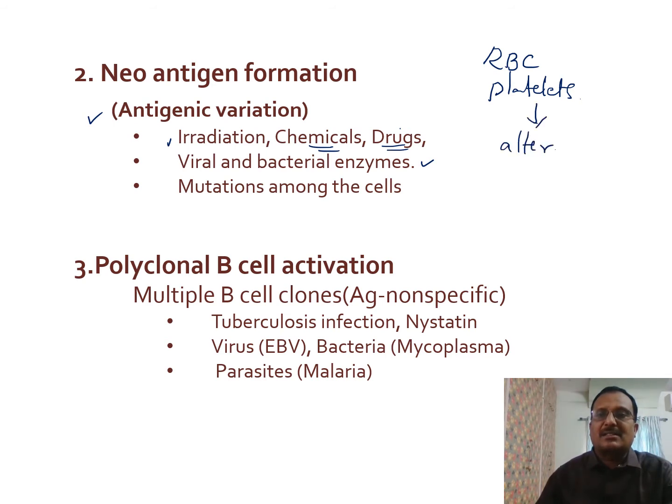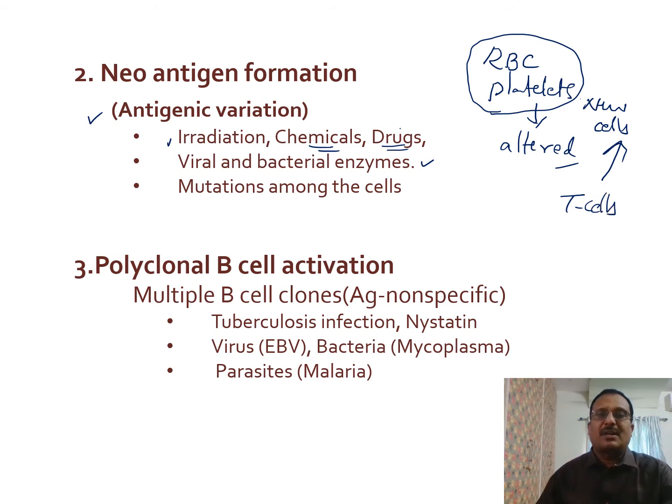Once the antigenic structure is altered, these cells will be recognized as new cells in the body, and then the T lymphocytes get activated and cause antibody formation. This antibody results in various damages.